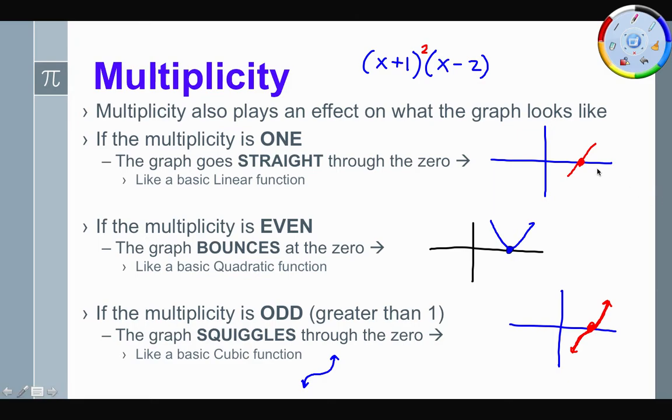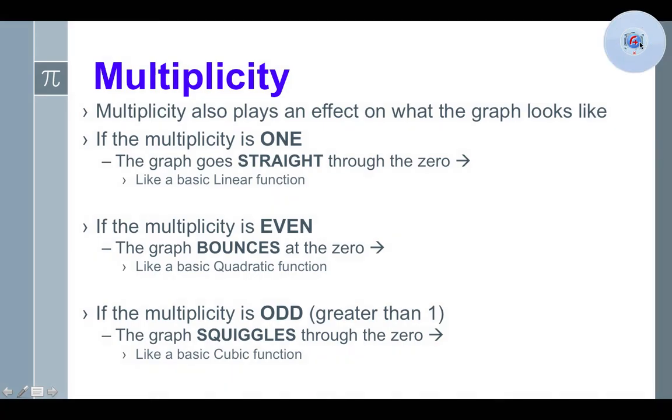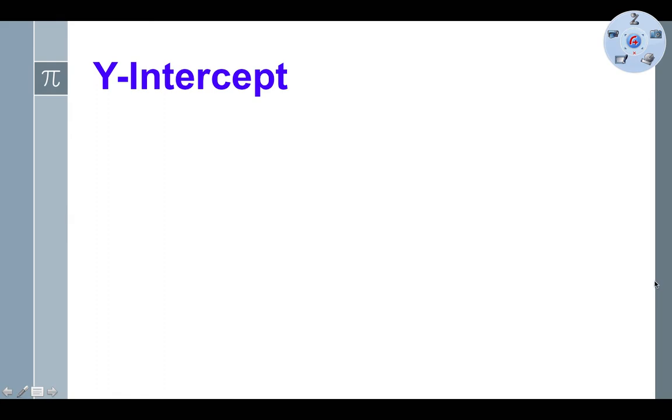All right, so we've now looked at end behavior. We've looked at positive and negative leading coefficients. We've looked at multiplicity. There is another little one here that we need to talk about. The y-intercept is very important because that also helps us determine where we're going to draw our line.